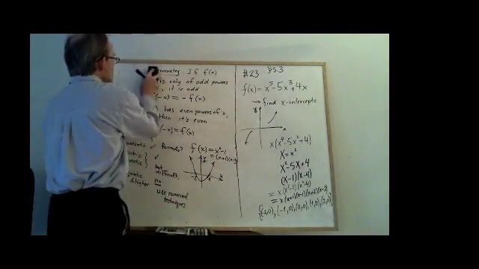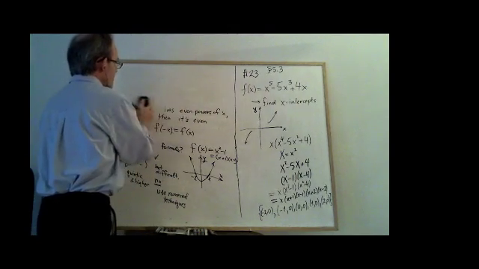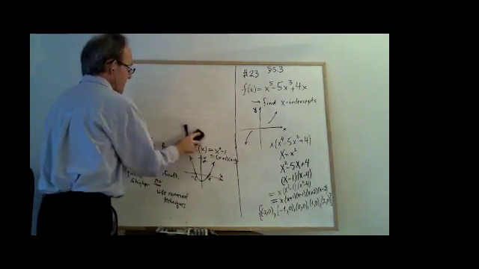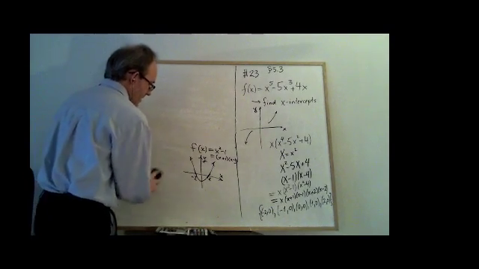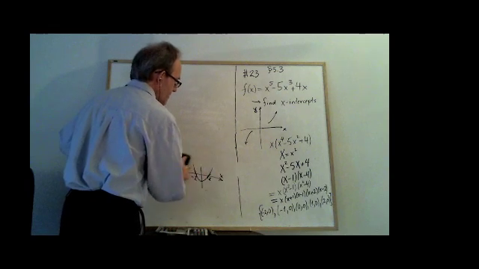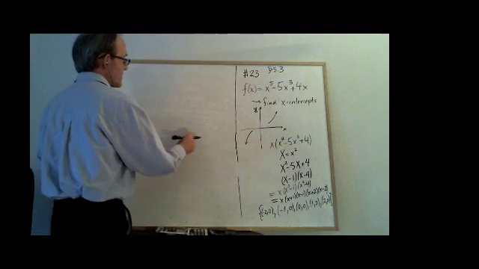Now that's what the book asks. What I'd like to do is a little bit more here, and that is to show you the picture of what the graph looks like. I believe I plotted this out and gave it to you as a Maple graph.